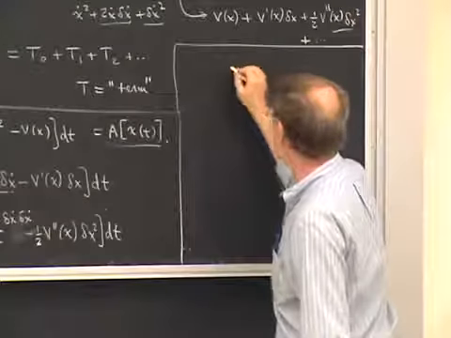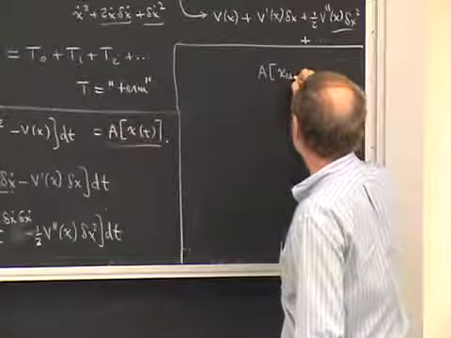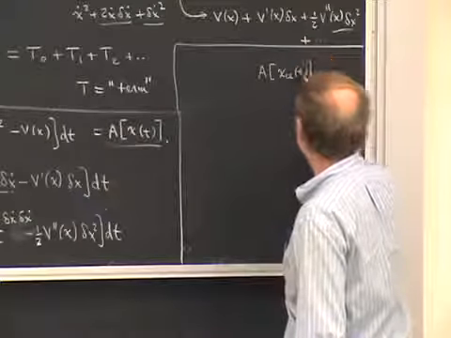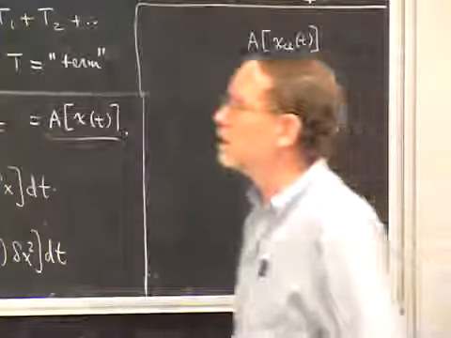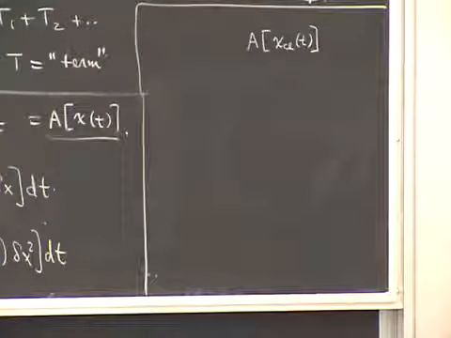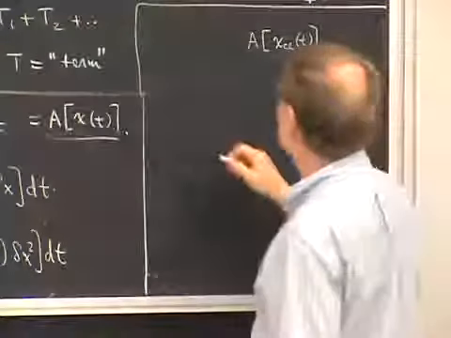Let's make the following definition. Let's take the action and evaluate it along, I'll call it x_CL(t), meaning a classical path or a solution of Newton's laws. Well, if it's a classical path, then it has to satisfy these boundary conditions, x0, t0, and x1, t1. And so it's a rather special kind of path.